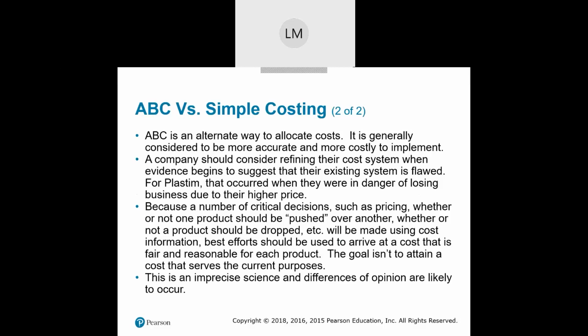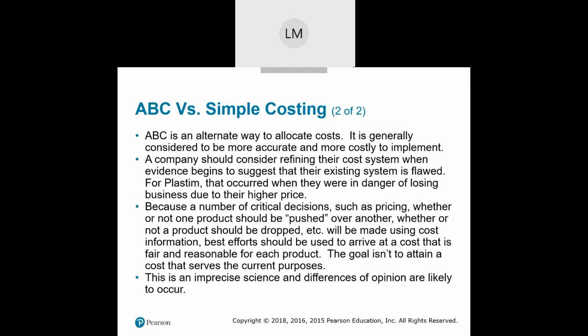Now, the goal here is not to attain costs that serve the current purposes of perpetuating inaccurate costs, because we want to get an accurate cost because maybe we're missing a gem, like a diamond in the rough. We don't know about that diamond in the rough because we think it's just maybe another piece of stone, something that glitters, okay, whatever. It's just a cheap piece of glass.